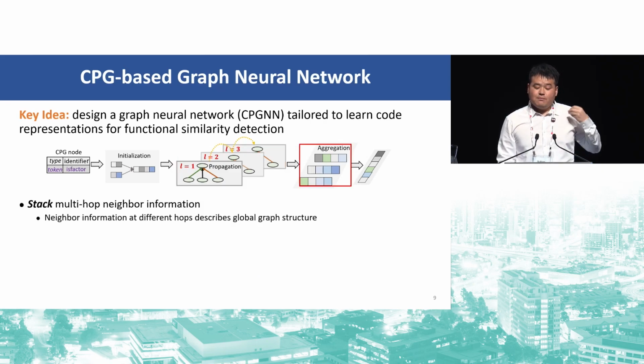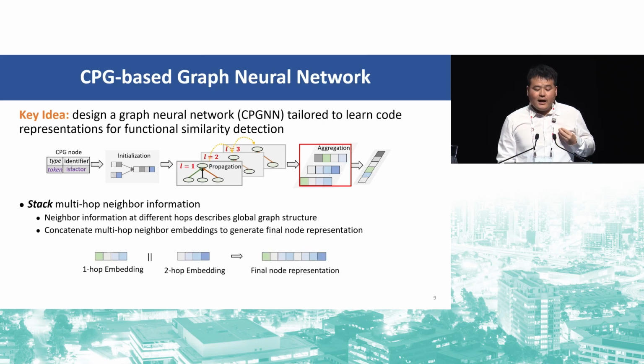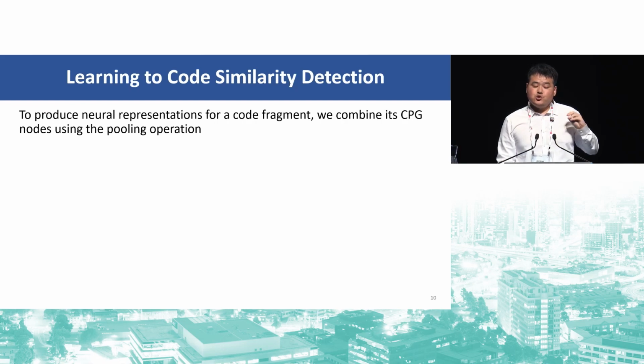Then we stack multi-hop neighbor information, since neighbor information at different hops describes global graph structures. In our design choices, we combine multi-hop neighbor embeddings to generate the final node representations. Now the node representations of the code property graph have captured the overall graph structures. To produce neural representations for a code fragment, we combine its CPG nodes using pooling operations.